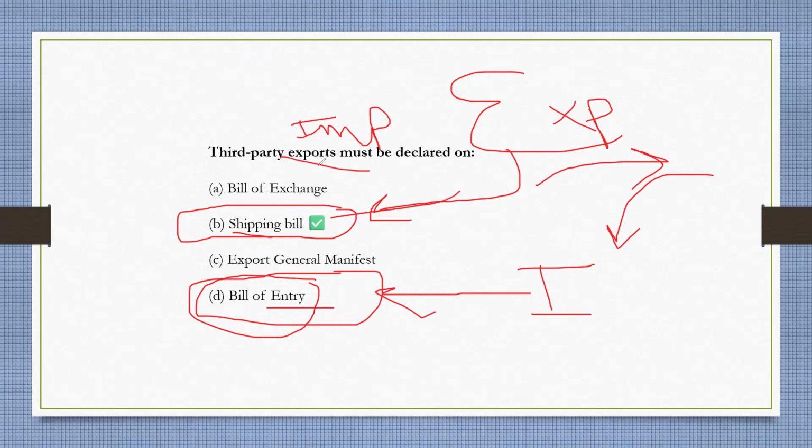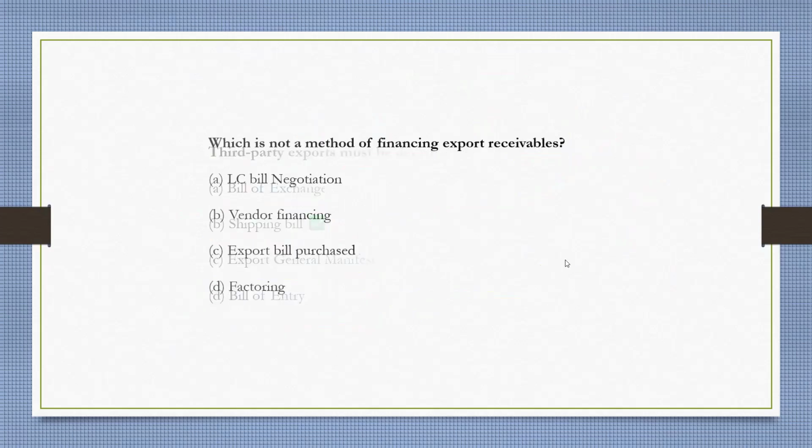Okay, so for export you need shipping bill, for import you need bill of entry. Okay, and if any third party is involved, that should be mentioned in shipping bill and bill of entry as per the requirements. So let's see the next question.